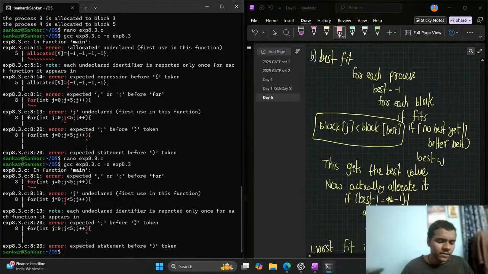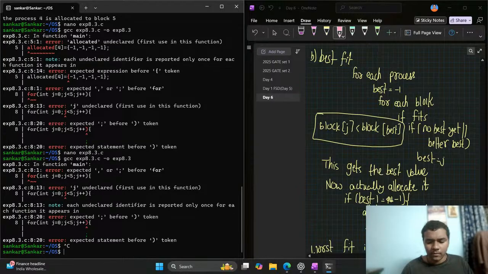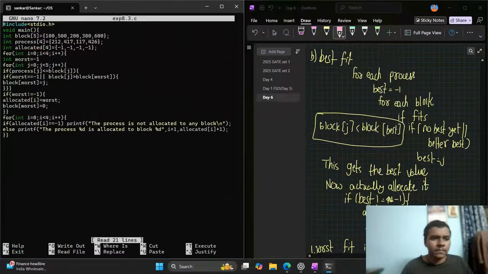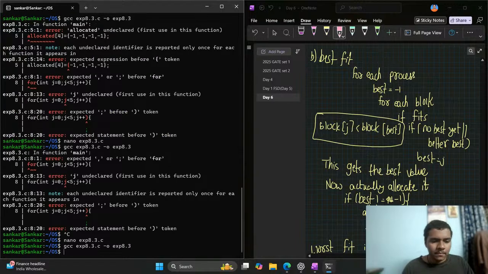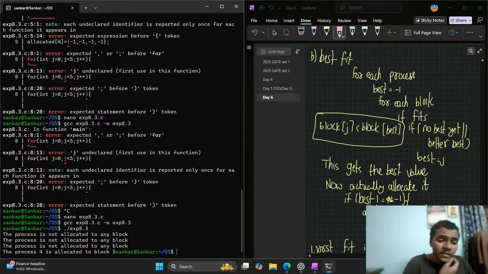Okay, there is something in that line. No, that's not it. Experiment 8.3.